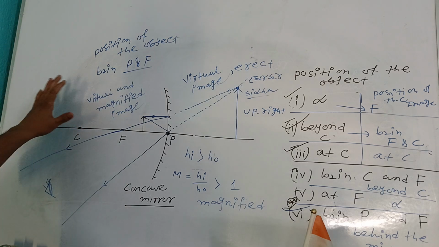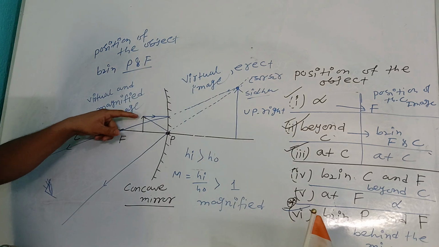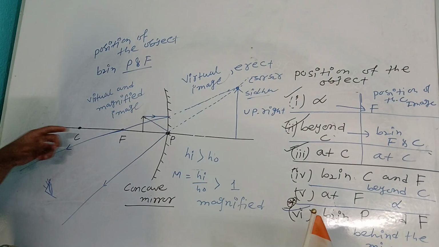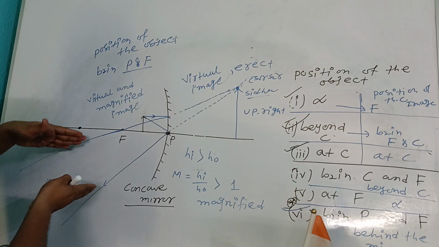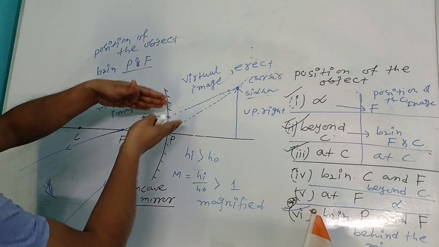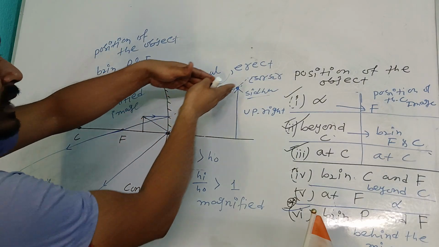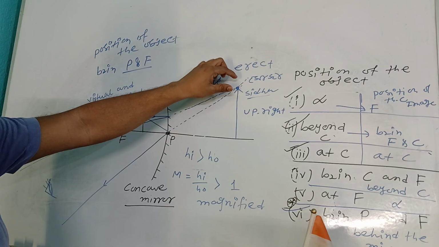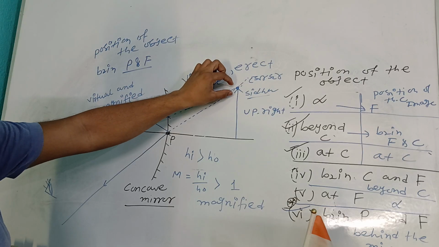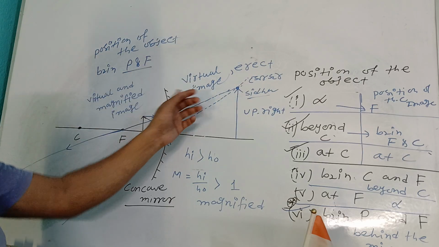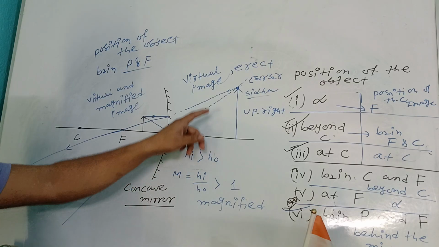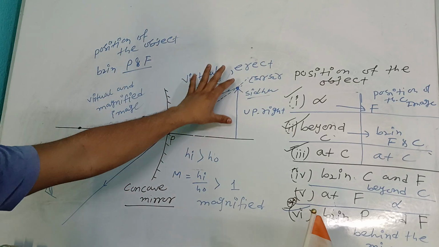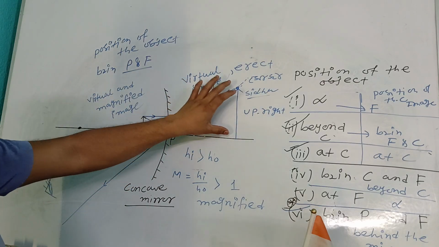So what is the process? Take the parallel ray, reflected, and the oblique incident ray. They are not meeting, they are diverging. So in the diverging case, what do we have to do? We will extend it. So as if it appears to meet at a point, as if the rays are coming from a point which is behind the mirror. Now the image is forming behind the mirror, and it got magnified.